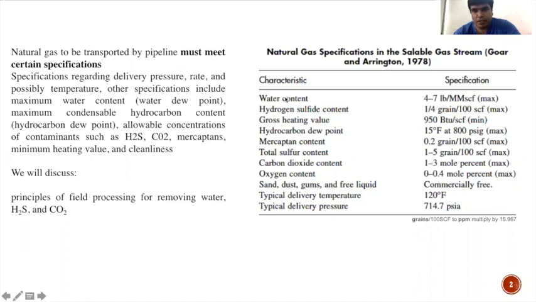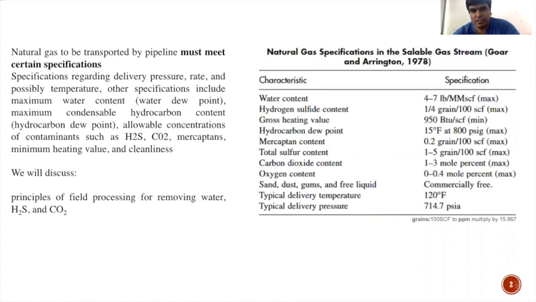Now here in this table, which I am showing again because this is important in terms of other constituents which are present in the natural gas. So instead of water, there are other things present like hydrogen sulfide, mercaptan, and carbon dioxide. So all these are the acid gases which need to be removed, right?